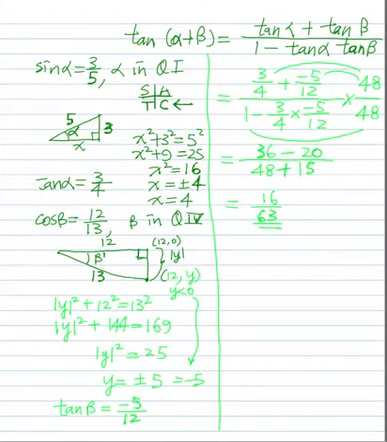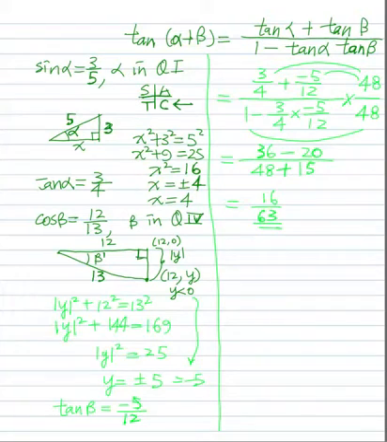The coordinate of the third point will be (12, y). Since beta is in the fourth quadrant and beta prime is the reference angle, we know that y is less than 0.